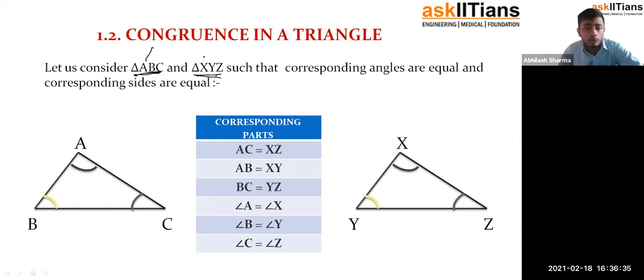Point A corresponds to point X, point B corresponds to point Y, point C corresponds to point Z. So if I want to make side AC here, then since I have chosen the first and third letter A and C, here also I will have to choose the first and third letter only, so that we get XZ, and then we can call these the corresponding sides of these two triangles.